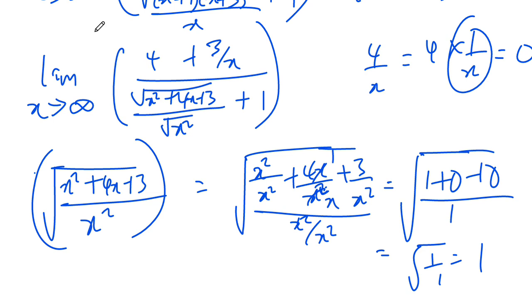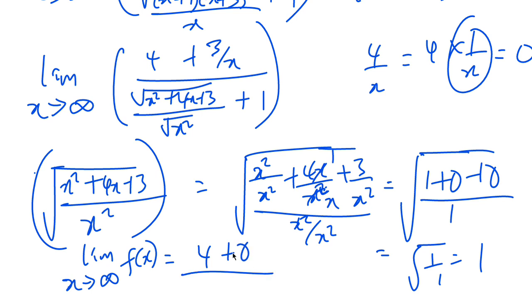So the limit as x tends to infinity of f of x, which was given as 4 plus, remember, 3 over x, gives us 0 as the output, and then we solved this and got 1, so that's plus 1.